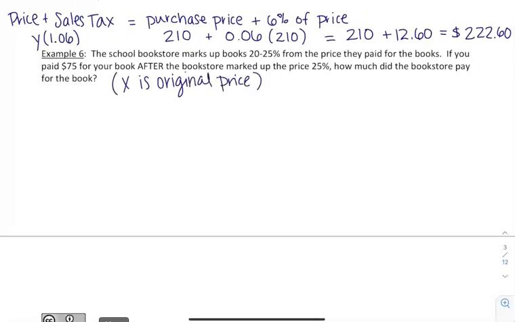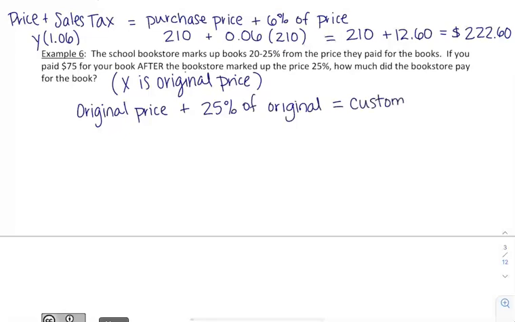So sometimes it can be helpful to define that for our problem. Now, what's happening? We have the original price that the bookstore paid, plus, and let's go with 25% of the original, and that's going to equal what the customer pays.